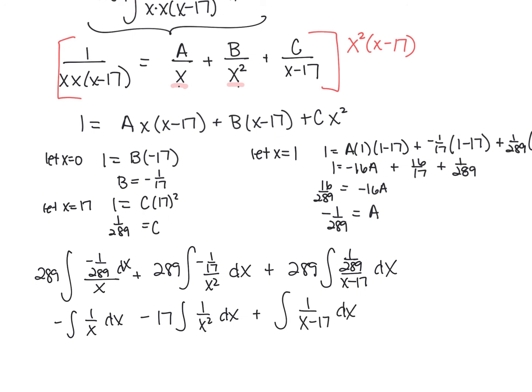And so therefore, this would be negative natural log of the absolute value of x. This would be minus 17, but I'm going to go up a degree and divide by that degree, which would be negative 1, so it's actually going to turn positive. And this would be 17 over x, plus this one will be the natural log of the absolute value of x minus 17, plus c.